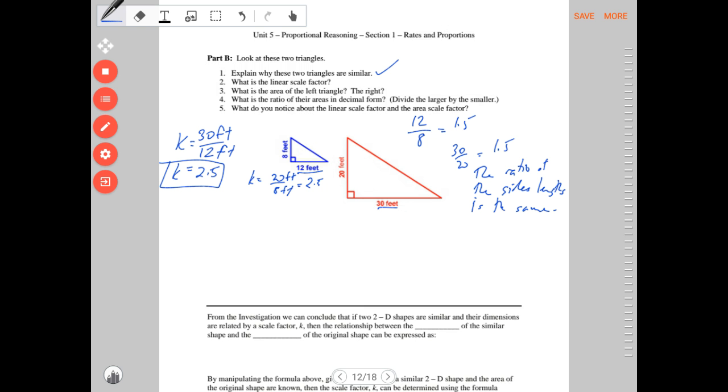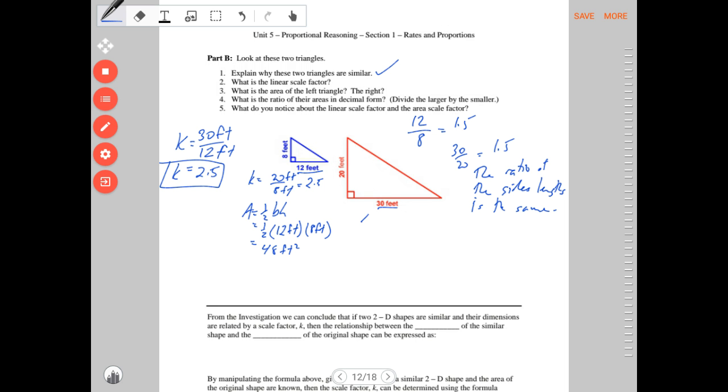Okay, so what is the area of the left triangle? So that's the blue guy. So area is 1/2 base times height. So 1/2 times 12 feet times 8 feet. Okay, and when we multiply that into our calculators, we get 48 square feet. Perfect.